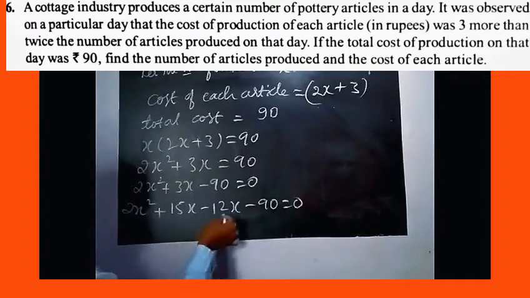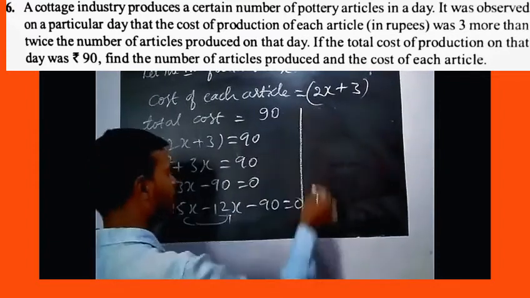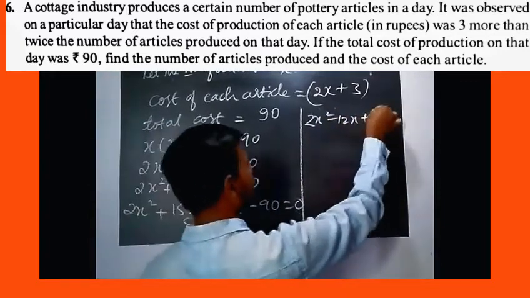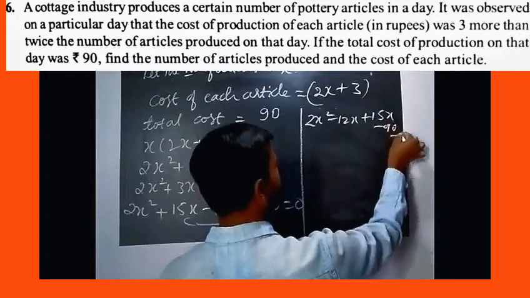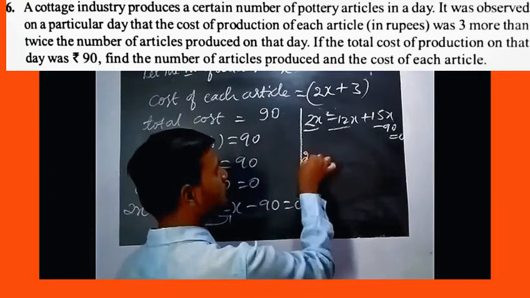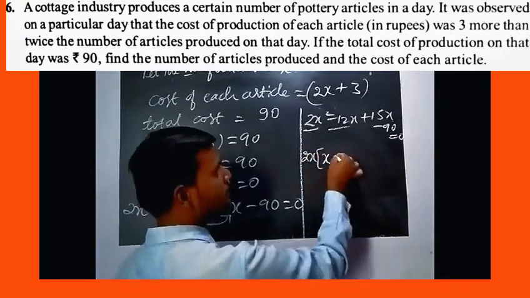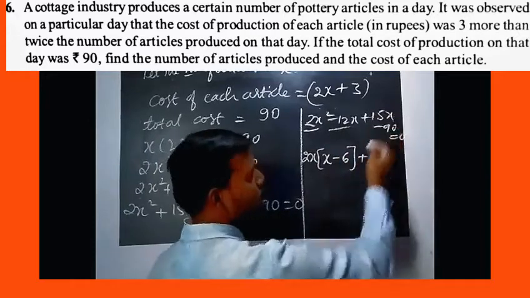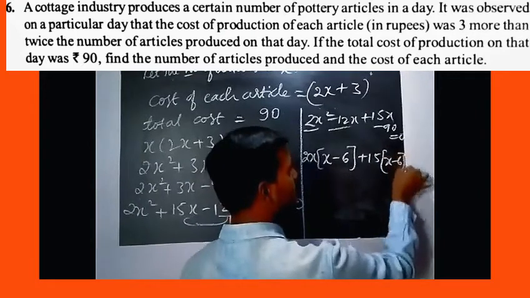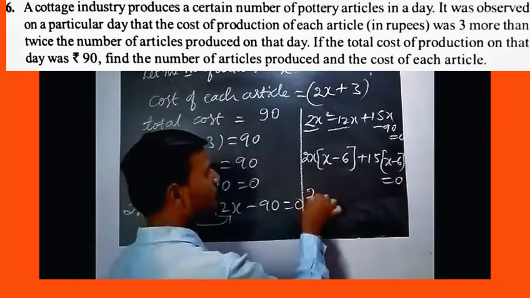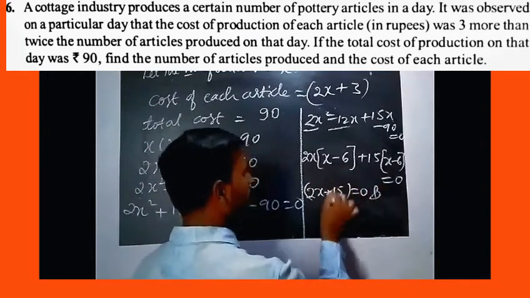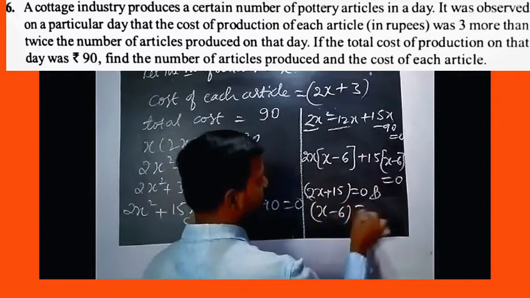Interchange these two: 2x square minus 12x plus 15x minus 90 is equal to 0. In the first two terms, 2x is common; what is left is x minus 6. In the next two terms, 15 is common; what is left is x minus 6. Then we have 2x plus 15 is equal to 0 and x minus 6 is equal to 0.